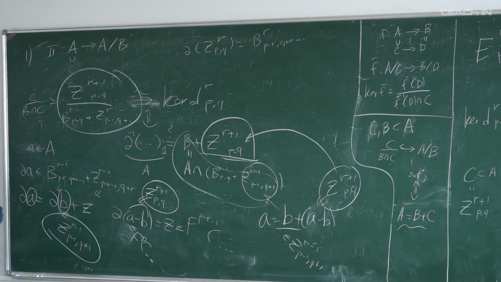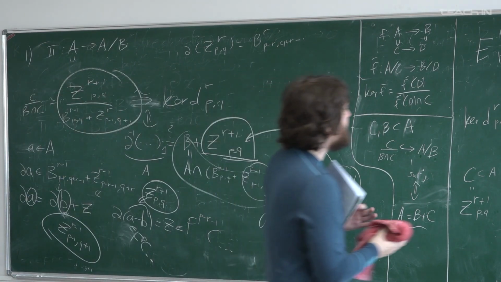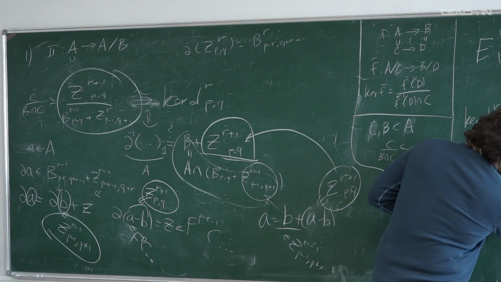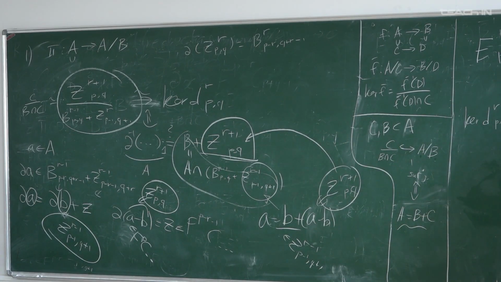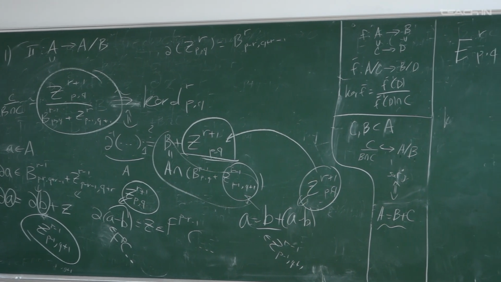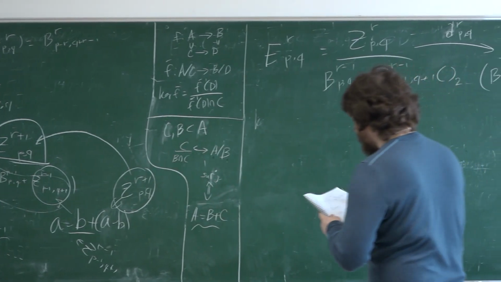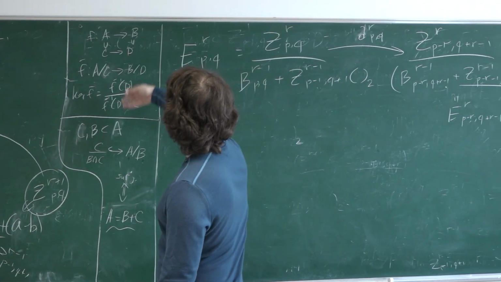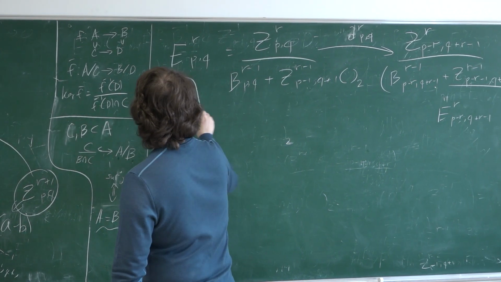Okay. No, the image is easier than the kernel. In fact, it's almost all. For the image of this map, the image is by definition just... I think we don't need any algebraic facts for this. Yeah, no, maybe. If I have this induced map, what's the image of this induced map?